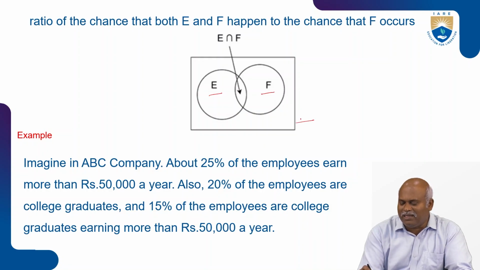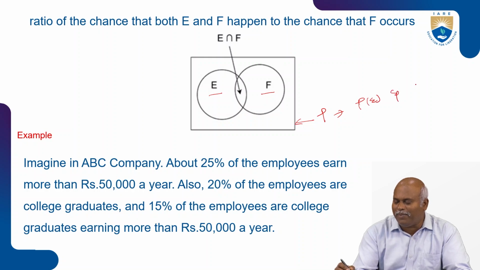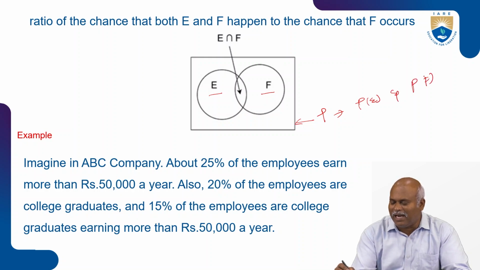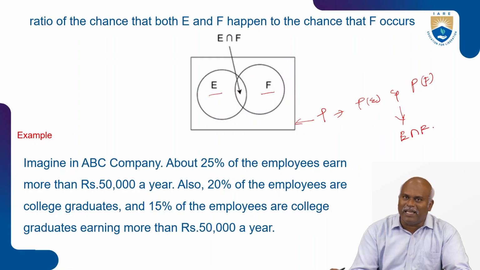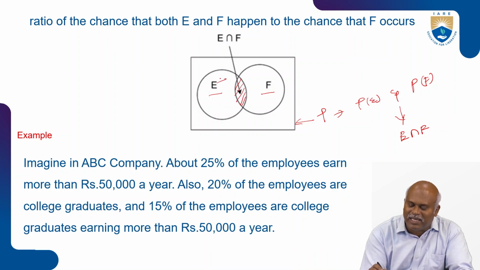P(E) happens for one event and P(F) for another event. Both overlap together, and that is called E ∩ F. This area is the overlap occurrence in the Venn diagram.